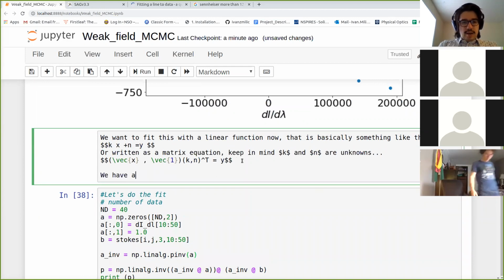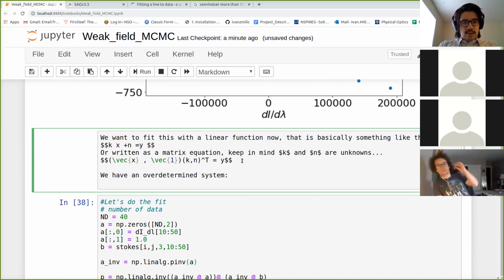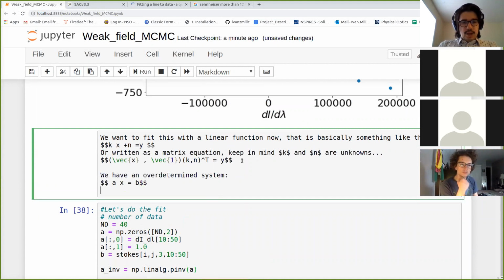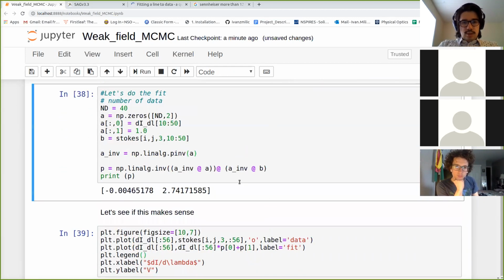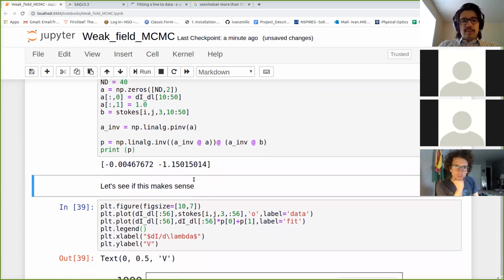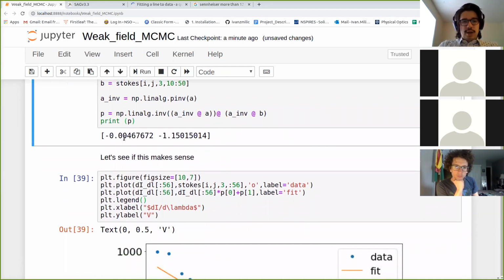So we have an overdetermined system, which looks like X equals B, and we are solving it using pseudo-inverse, right? Basically, to solve this, I have to multiply everything with the pseudo-inverse, and then when I solve that, I'm going to get some values for my coefficient and intercept.